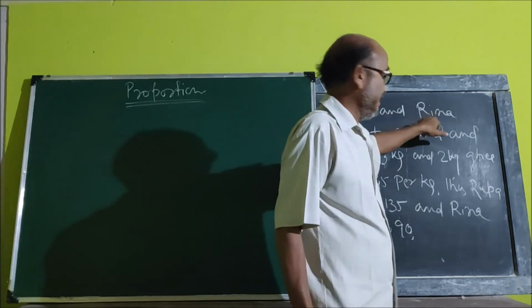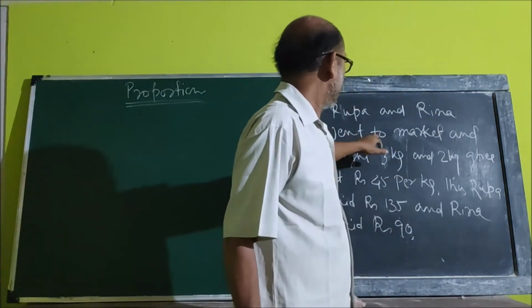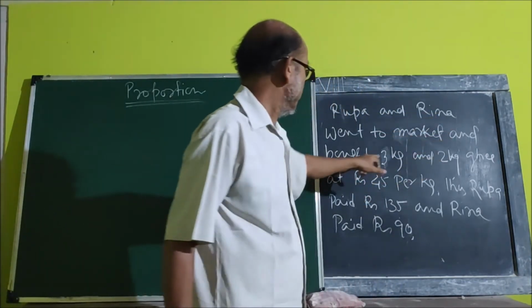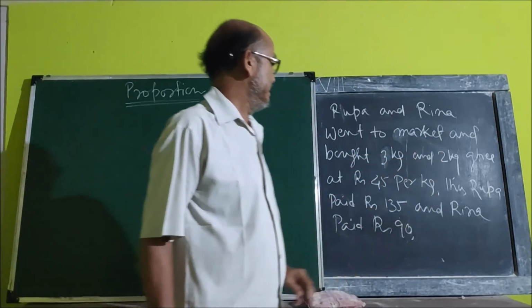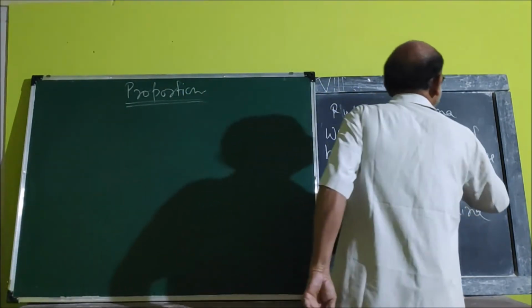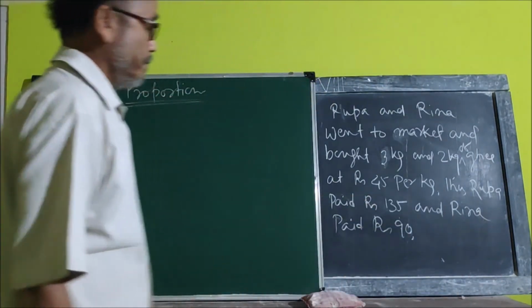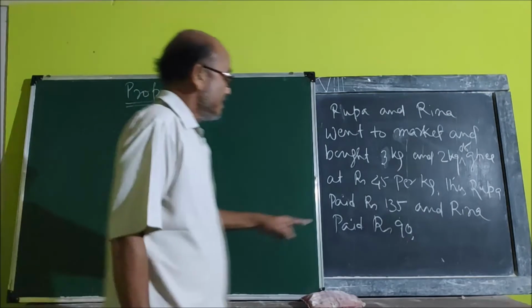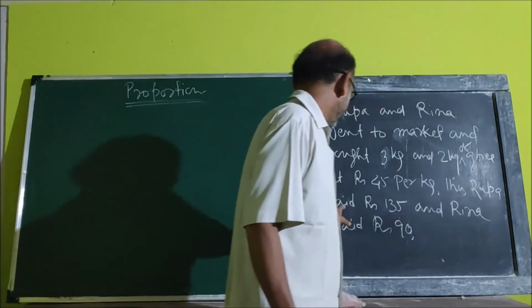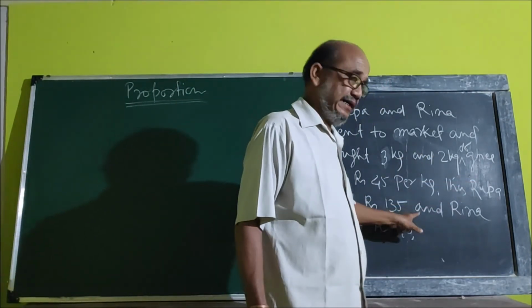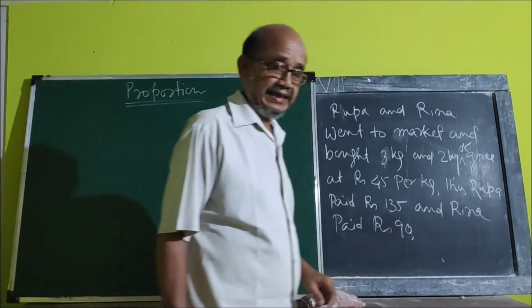Rupa and Rina went to the market and bought 3 kg and 2 kg of ghee at rupees 45 per kg. Thus, Rupa paid rupees 135 and Rina paid rupees 90.